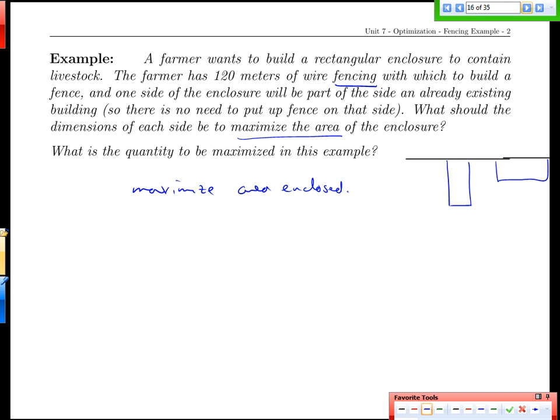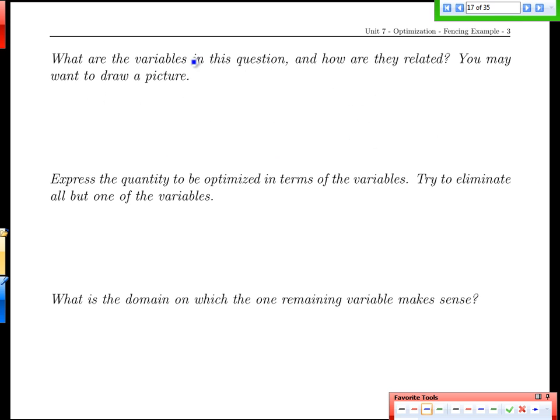Okay, what can we do with that? Well, what are the variables in this question and how are they related? Well, we have our wall, and if we think of the different kinds of fence layouts we can use, the real choice, if we're making it rectangular, is, let's call it the height here and the width here. How are these various things going to be related? Well, the area is pretty clearly width times height. So if we're looking down from above, the area enclosed is rectangular, width times height.